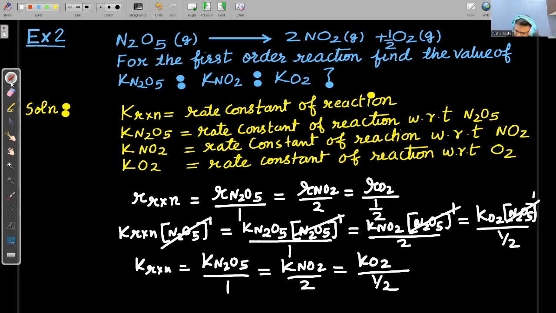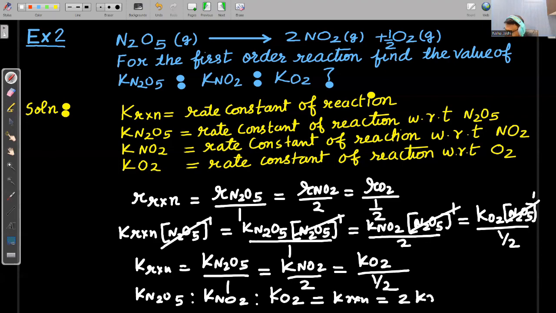So on simplification, I can say that rate constant of N2O5 is to rate constant of NO2 is to rate constant of O2 is equal to K reaction is to 2 times K reaction is to half times K reaction.